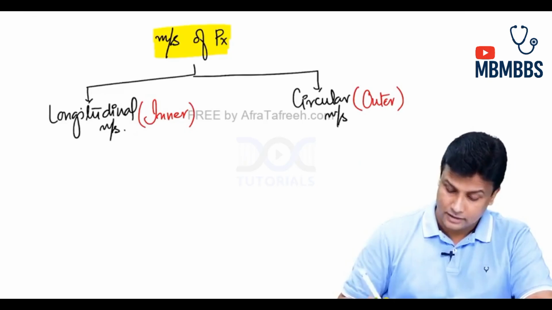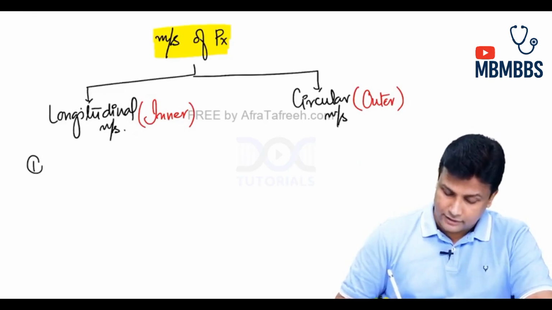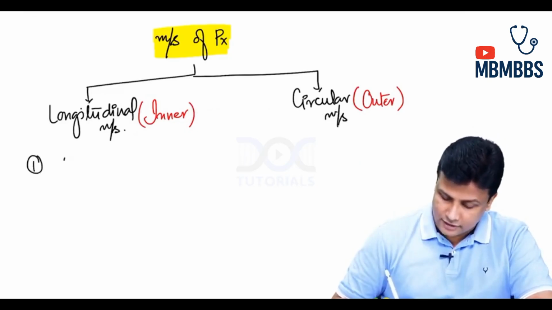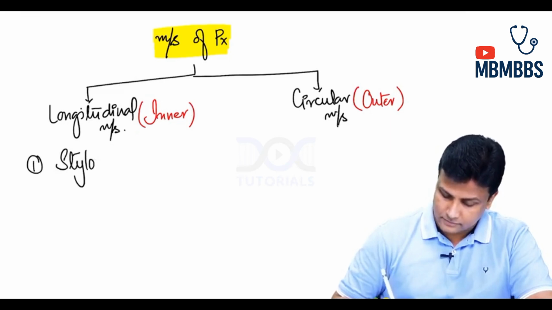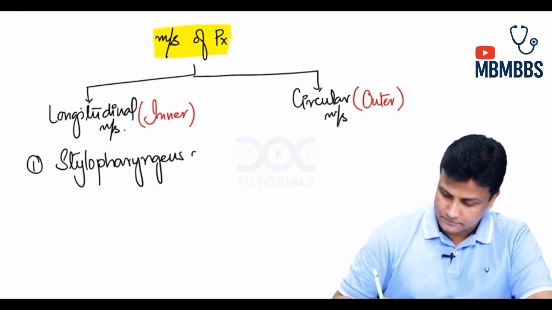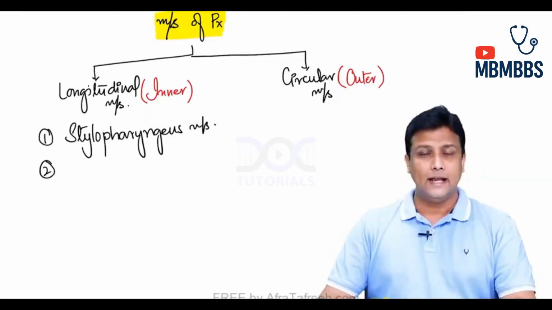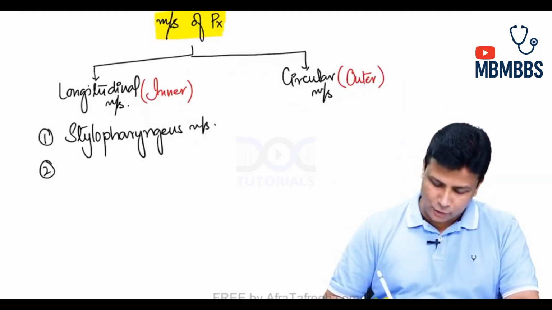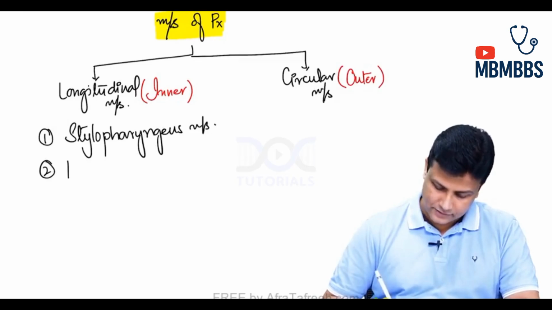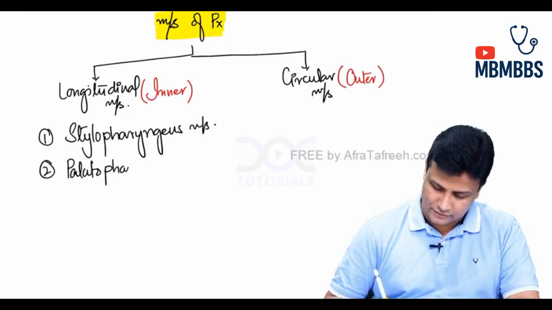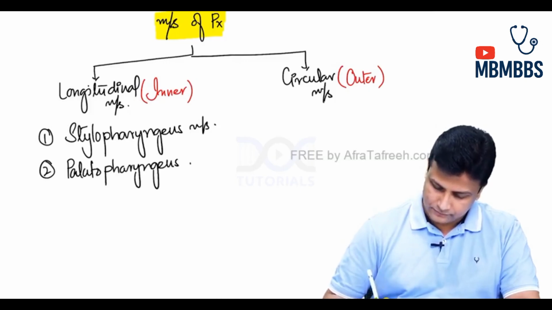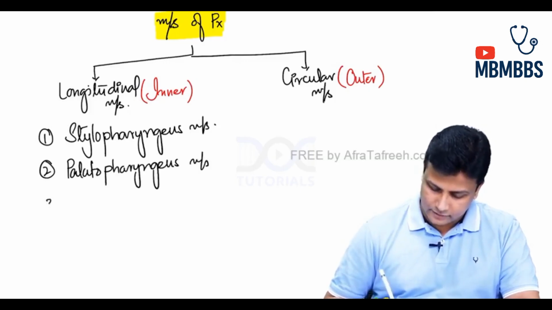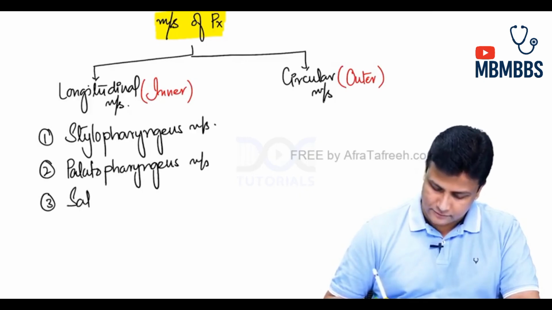In the longitudinal category, number 1, you have the stylopharyngeus muscle. The second one is the palatopharyngeus muscle. And the third one is the salpingopharyngeus muscle.